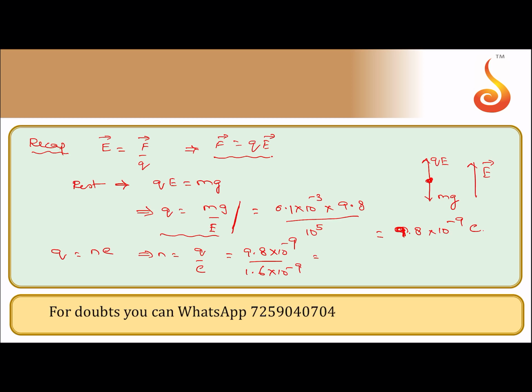Now divide it. 9.8 divided by 1.6 comes out to be 6.12, so 6.12 into 10 to the power 10 electrons. So the number of electrons that need to be taken out is 6.12 into 10 to the power 10 electrons, and the actual charge on the body is 9.8 into 10 power minus 9 coulombs.